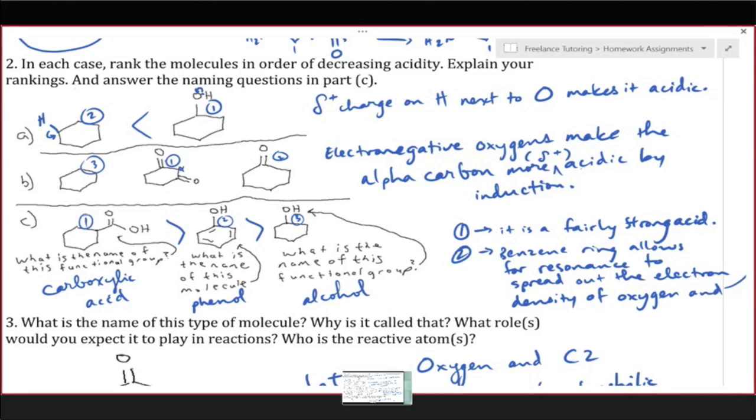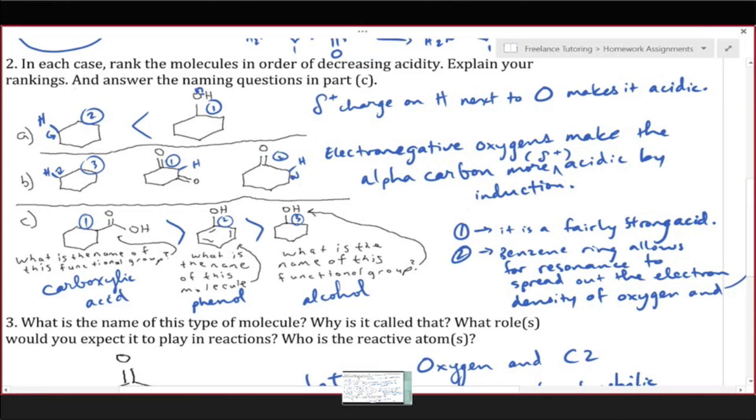If you were to take a hydrogen away from any of these, then what you would be left with is a negative charge on the carbon which lost a hydrogen. And of course, a plain carbon does not want that negative charge all to itself.